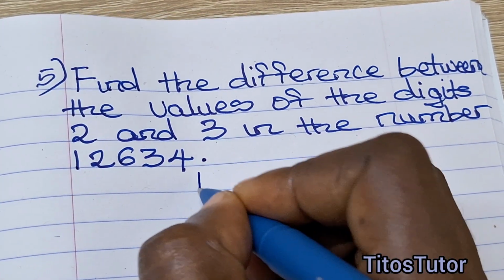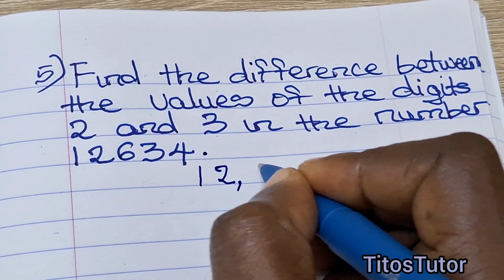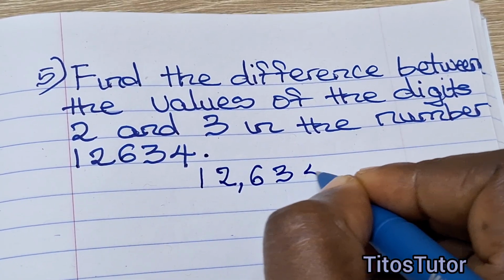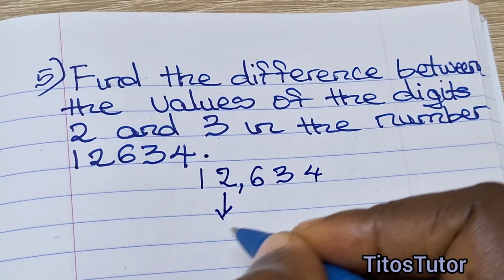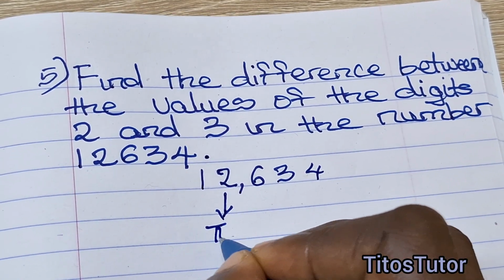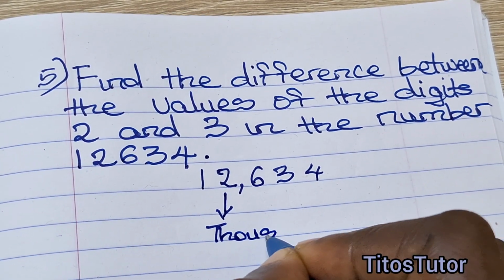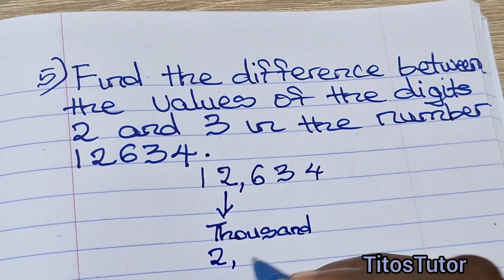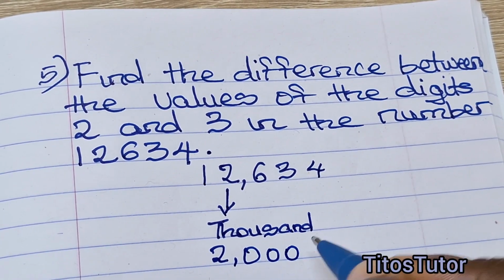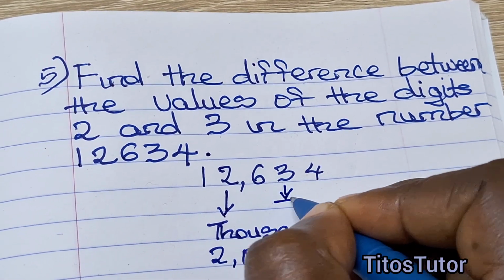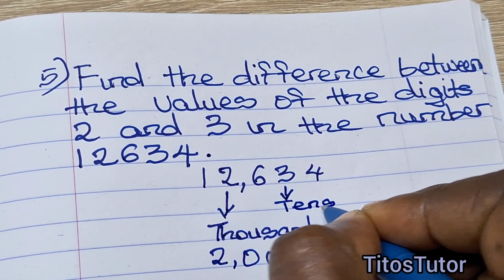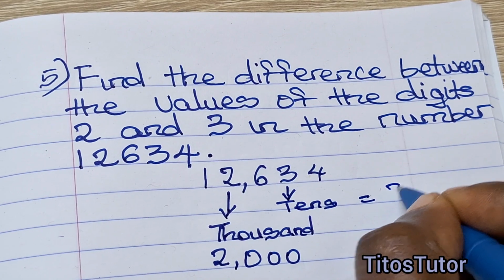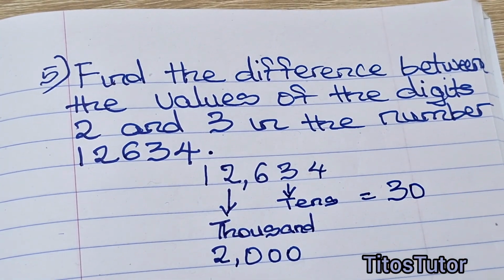So let's go. 1, 2, 6, 3, 4. This is in the place of 1,000. So it is 2,000. This is in the place of tens. So it is 3 with a 0, which is 30.